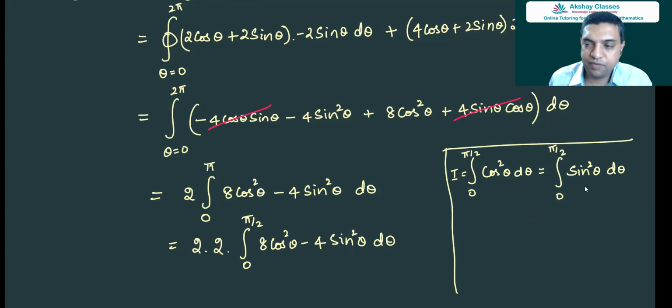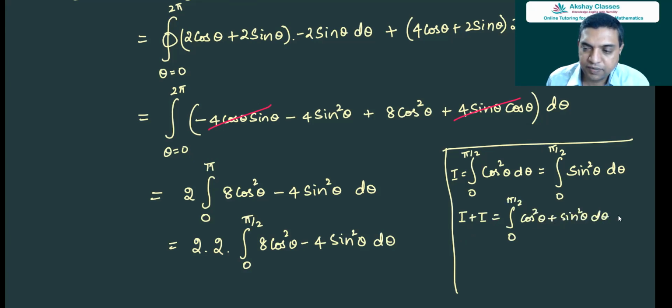So when we do that, we get this. And I plus I is integral 0 to pi by 2 cos square theta plus sine square theta. It is 1. So integral 1 d theta is theta. From 0 to pi by 2, you get pi by 2. So I is pi by 2 upon 2, which is pi by 4.